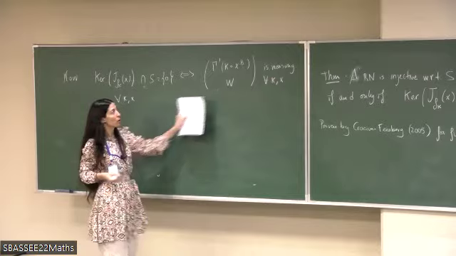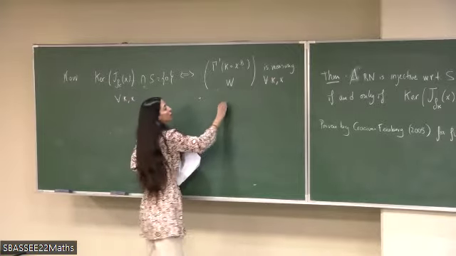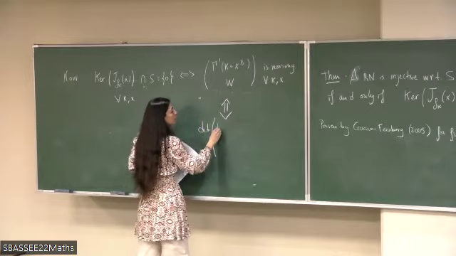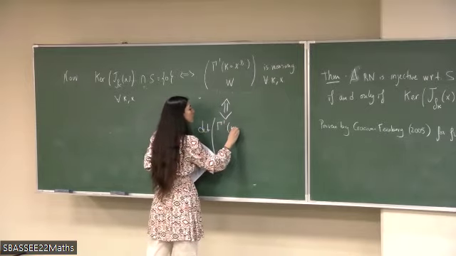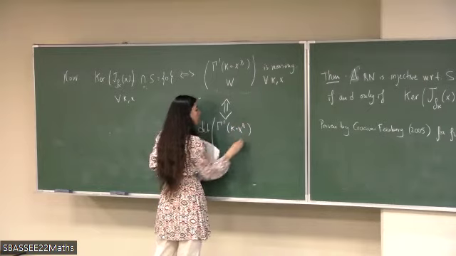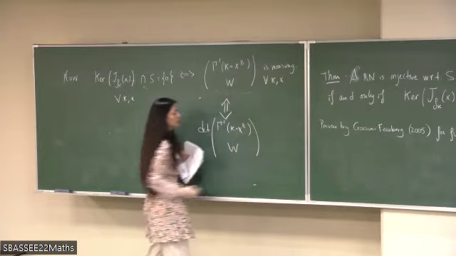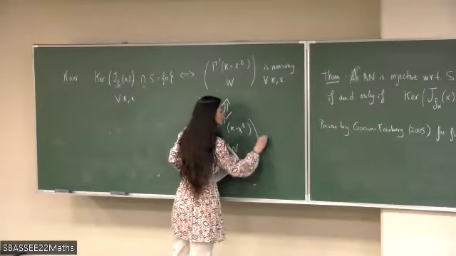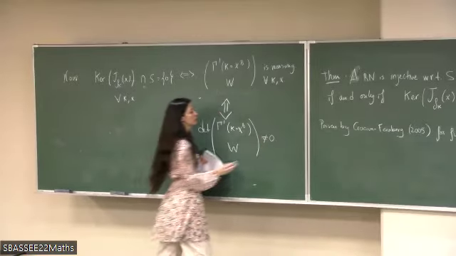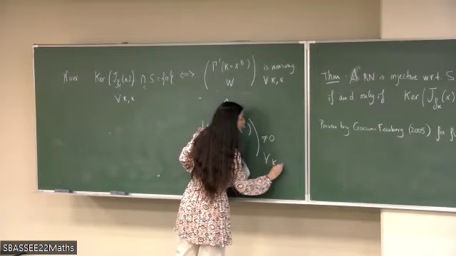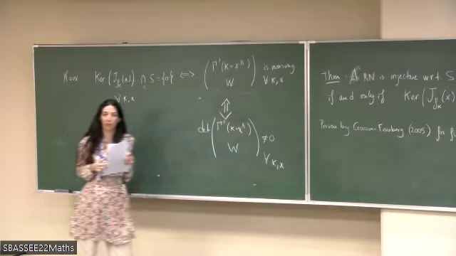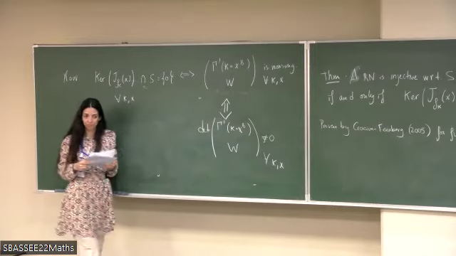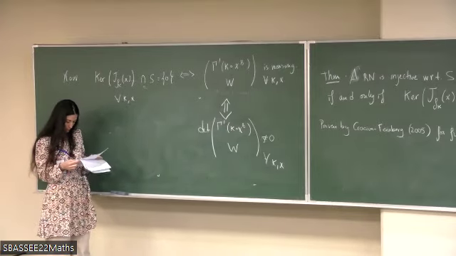So I want to know about the determinant of this matrix, which is n times n now. And I want to know that it is not 0 for all positive values of k and x. If this is the case, then the network is injective. This is what I'm saying.